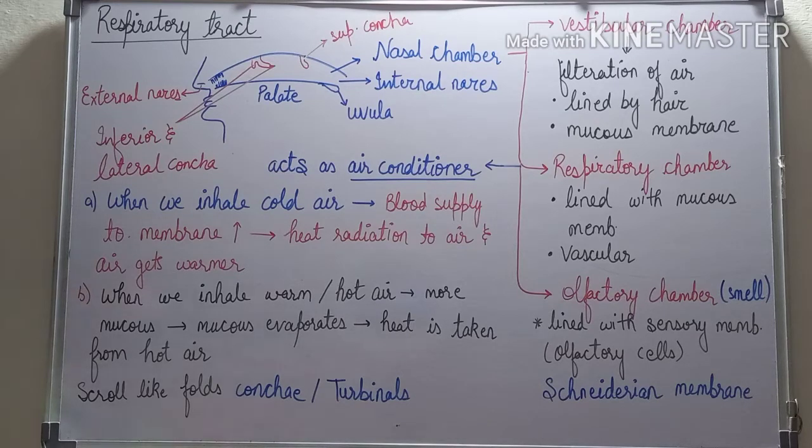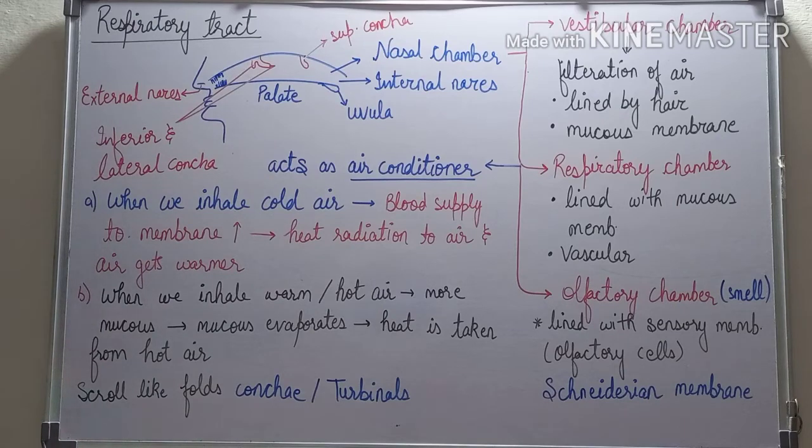A lot of heat is radiated. As soon as we inhale cold air, there is a quick supply of blood into the respiratory chamber, and due to the immediate huge supply of blood, this rushing movement of blood causes the production of heat. Heat is produced, and ultimately it makes the air warmer.